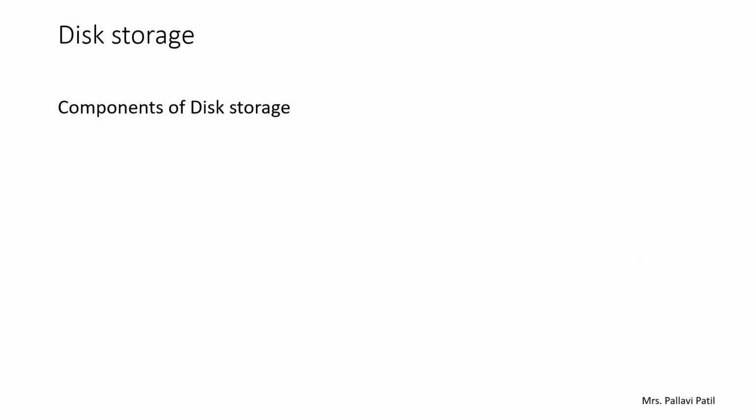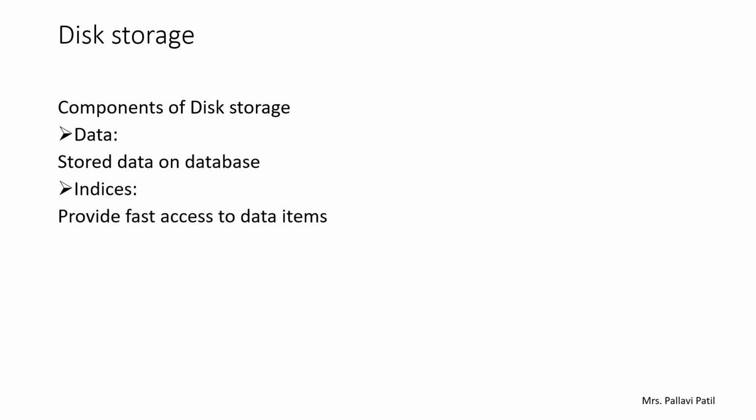The very first component is disk storage, and it relates to the actual physical storage structure of your database management system. The components of disk storage are, first, data, that is, whatever data is stored in the database. Then indices, which provide fast access to the data items.